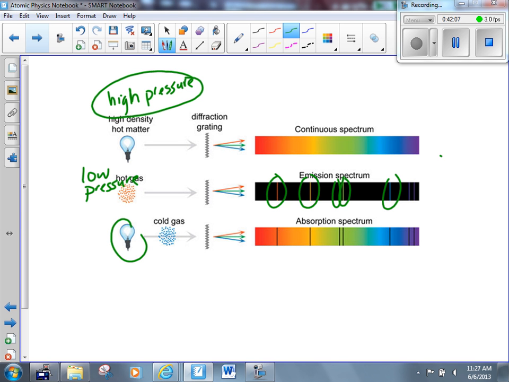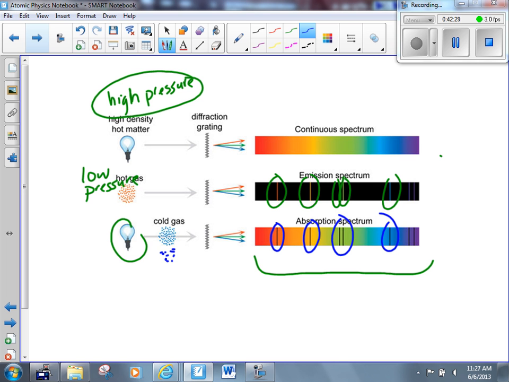We get the continuous spectrum minus the red color that was taken away. We get the continuous spectrum minus the yellow color that was taken away by this cold gas. The two greens that were taken away by the cold gas. The blue that was taken away by the cold gas.